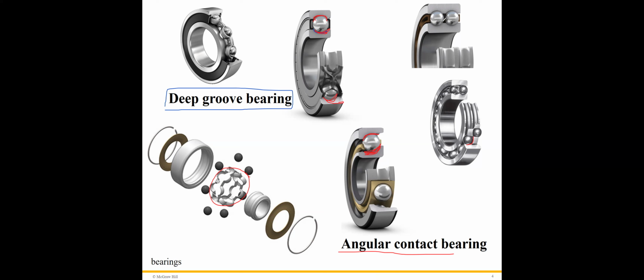Also, for this two-ball version, with two ball traces, it's called the self-alignment bearing. That means when the shaft tilts a little bit, it can automatically align. It self-aligns the tilted shaft with these two ball traces.